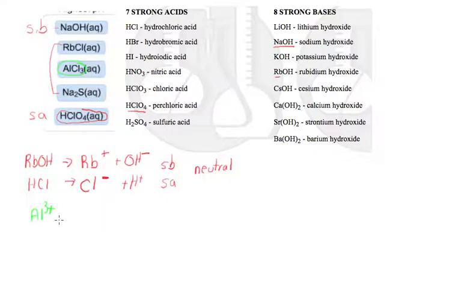Okay, so aluminum can get waters all around it, and those waters have hydrogens that can be donated. So this is a hydrated cation, and because it's a hydrated cation, it can donate hydrogens. So this is slightly acidic.